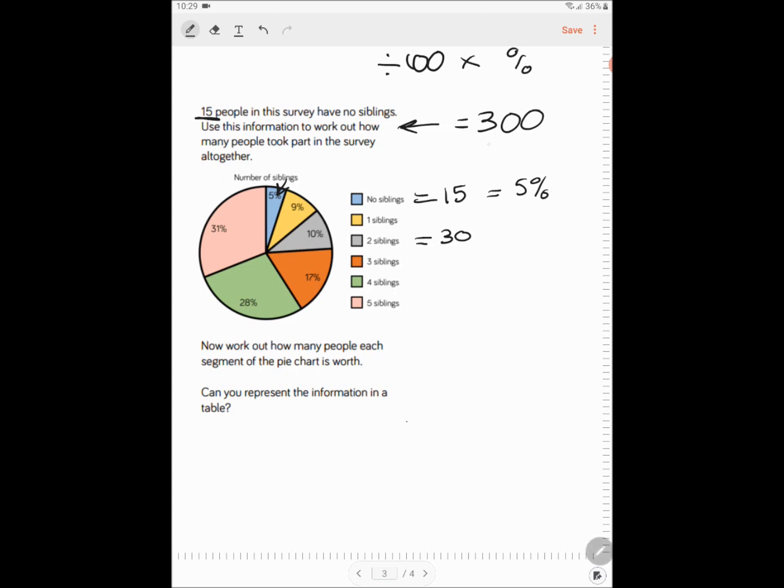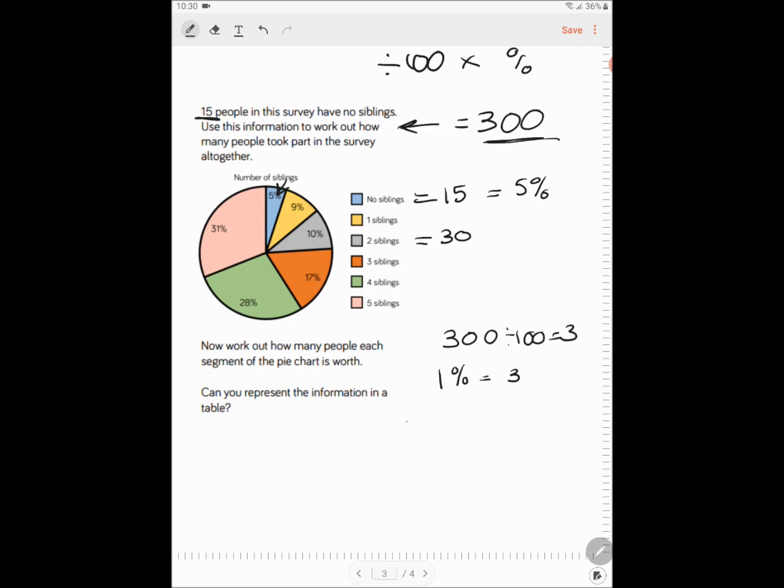We've worked out the original amount was 300. I know we've just done that, but this is another way of showing you. So 300 divided by 100 equals 3. Now, I'm looking for 1%, so I just do 3 times 1, which is 3. So I know 1% equals 3.